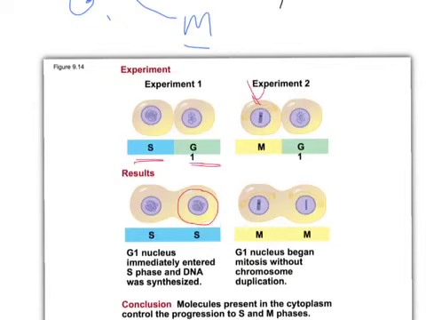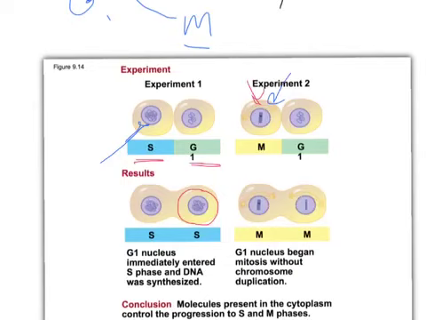So there has to be something that's present in the S phase cell or in the M phase cell that is stimulating the G1 cell to begin division. Right? Signals from the cytoplasm. Why the cytoplasm? Because it's shared between both cells, and everything that's inside the G1 cell is held inside a nuclear envelope.